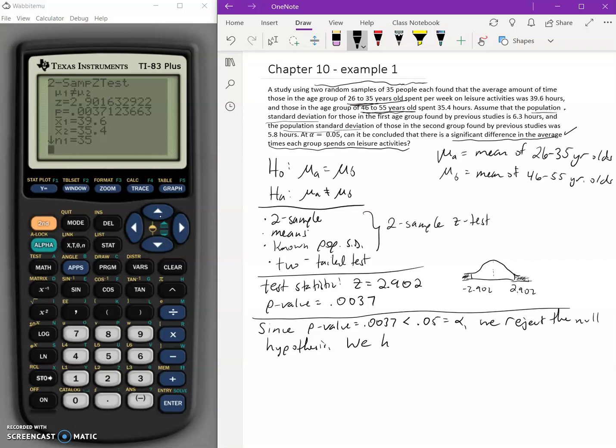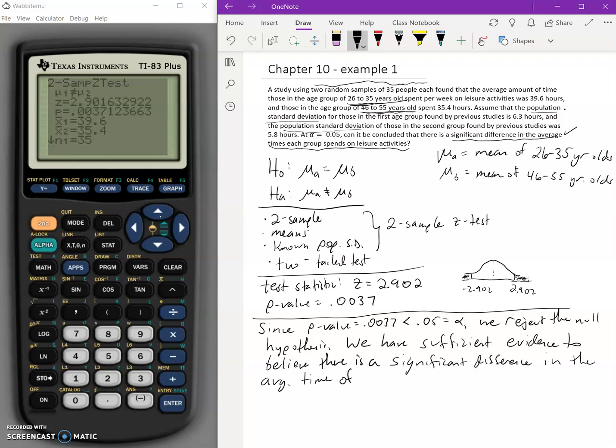We have sufficient evidence to believe there is a significant difference in the average time of leisure activities per week.